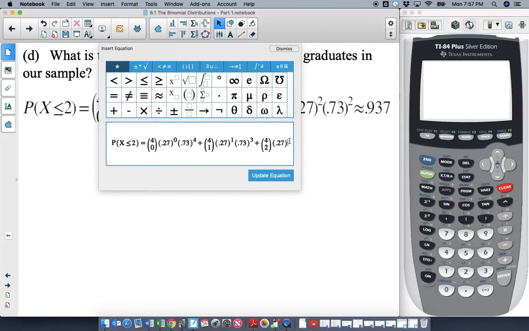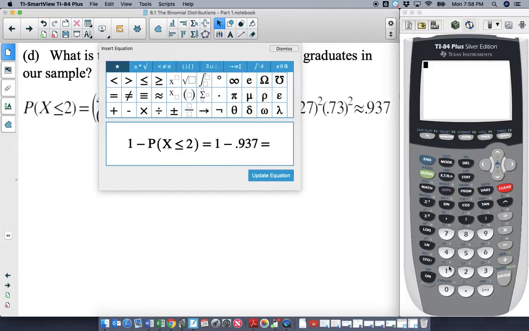Because we found the probability that x was less than or equal to 2 in part B on the same problem, I don't have to show all of my setup because I already showed the work for less than or equal to 2 on part B. I can just say this is 1 minus, what did we have for part B? 0.937.